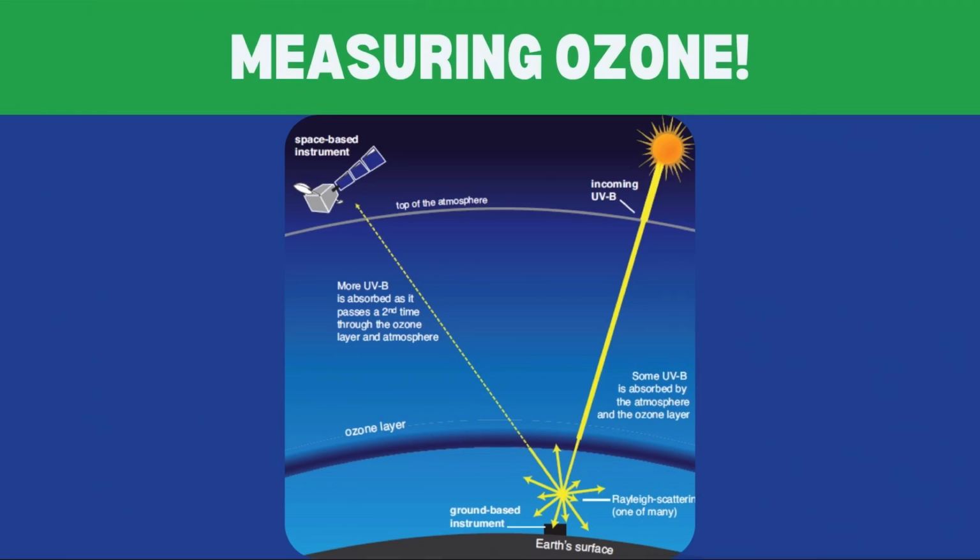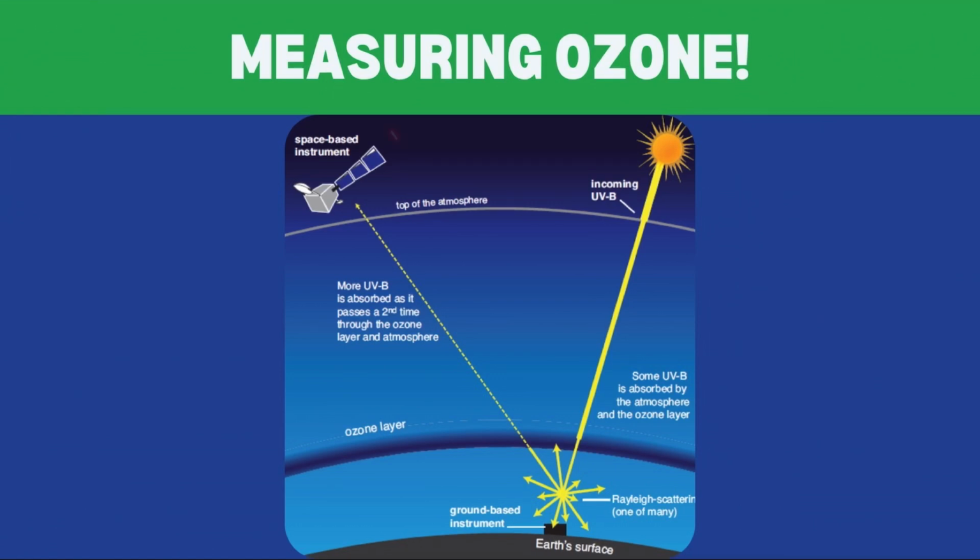So we can calculate the amount of UVB sunlight that would make it to the Earth's surface if there were no ozone to absorb it. However, when we measure the amount of UVB sunlight with a ground-based instrument, it is found to be much less than we calculated.